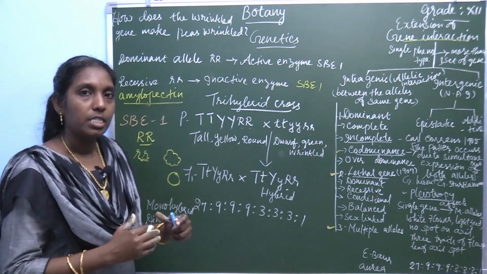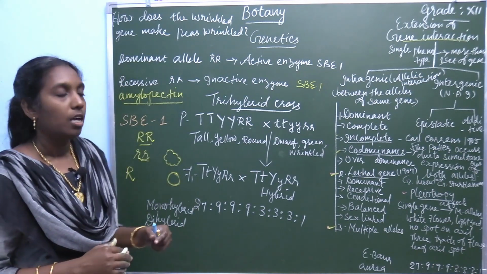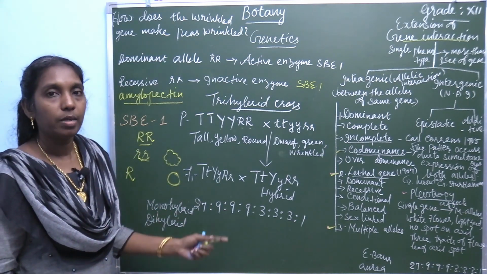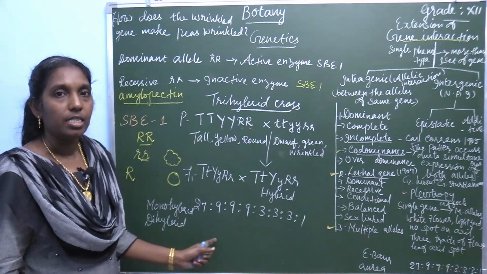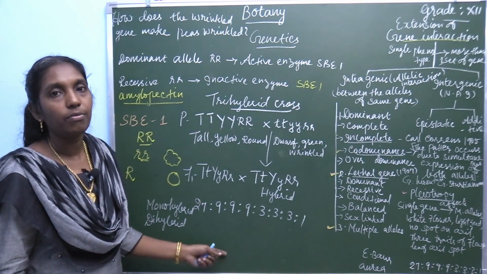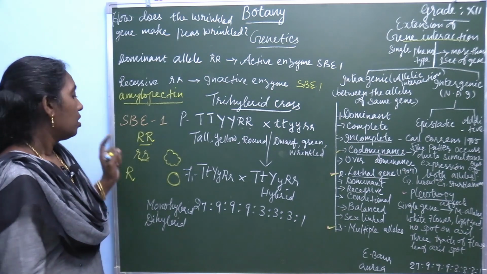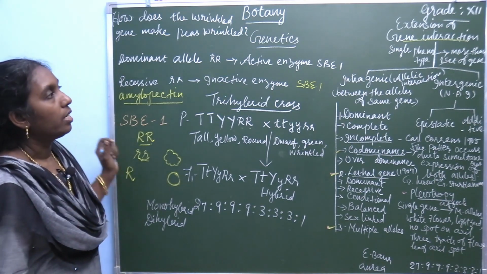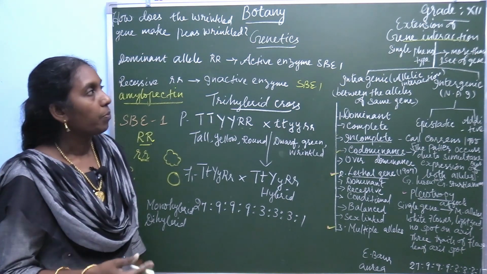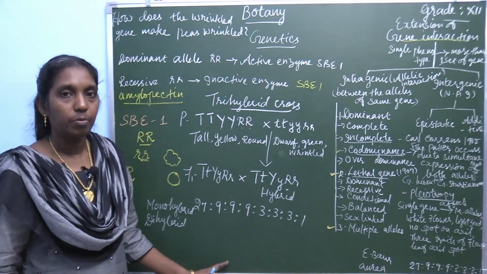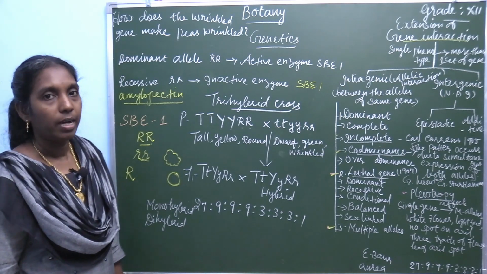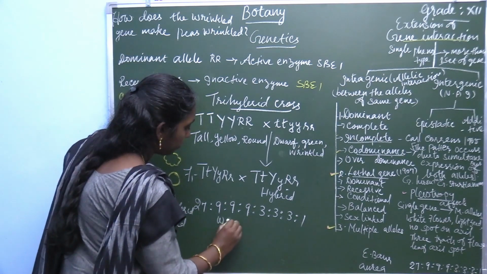According to Mendelian principles, some exceptions are shown. After post-Mendelian findings, it shows certain variations, some differences in the phenotypic ratios. So, those variations are called gene interactions. This gene interaction, the extension of the Mendelian principle, was explained and analyzed by W. Bateson.